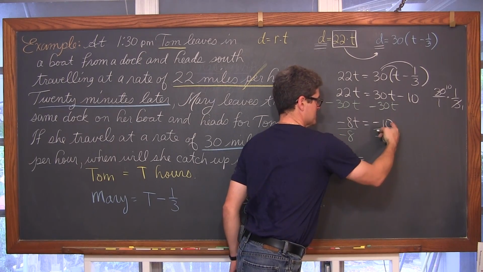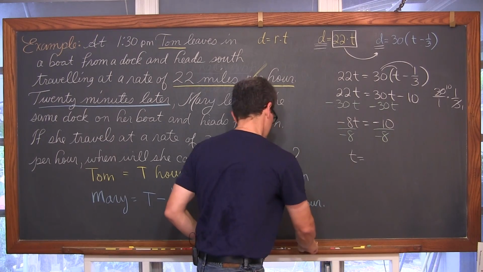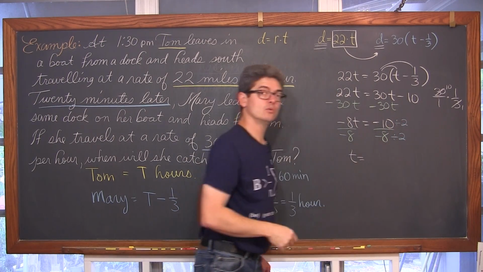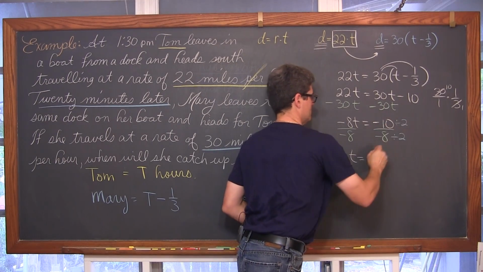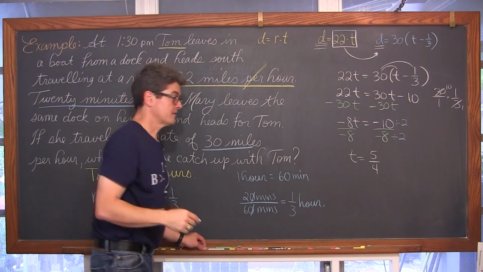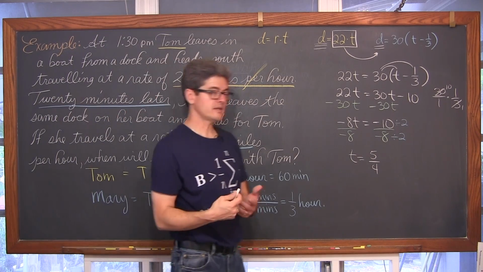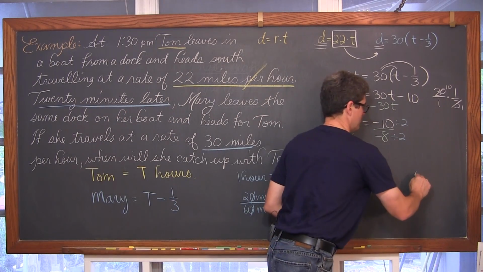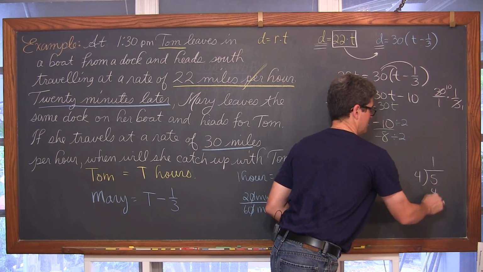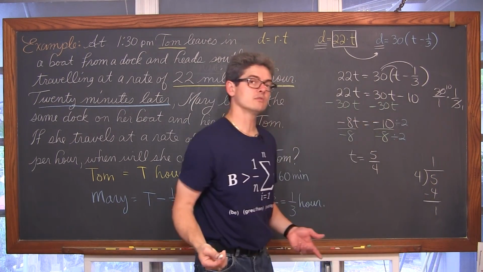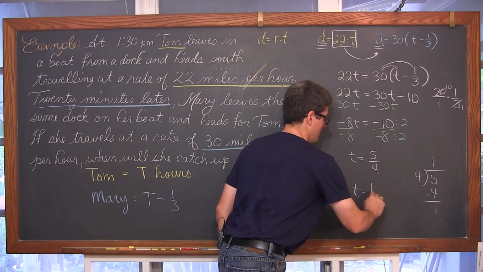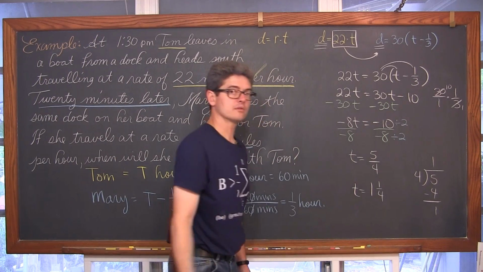We can reduce this, these are both even, so we can divide the numerator and denominator by 2, and we get 10 divided by 2 is 5, 8 divided by 2 is 4. That's a mixed fraction, or you can divide that, 5 divided by 4, well that's 1. There's your 4, subtract, and a remainder of 1. So that's going to be T is equal to 1 and 1/4.